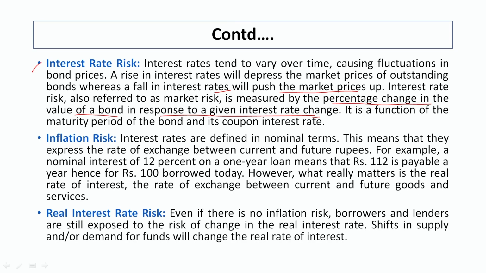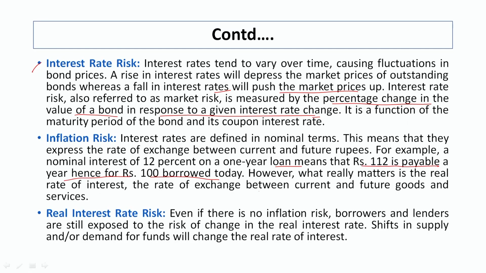Interest rates are defined in nominal terms, we already know that. This means that they express the rate of exchange between current and future prices. For example, a nominal interest rate of 12% on a 1-year loan means that 112 is payable a year hence for 100 borrowed today.